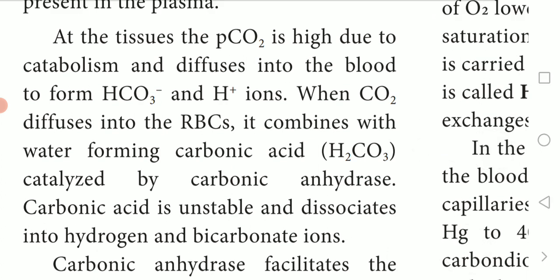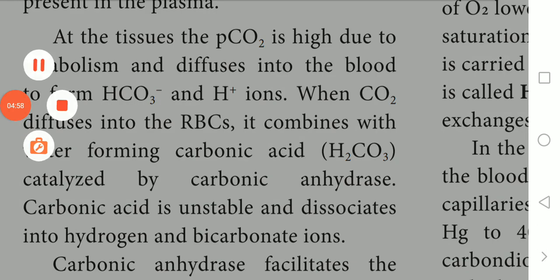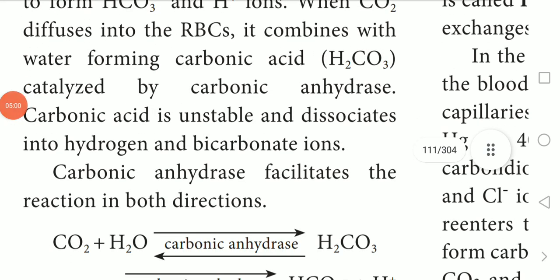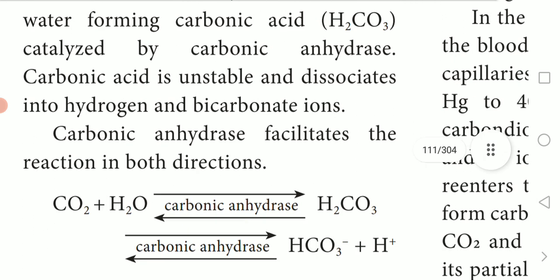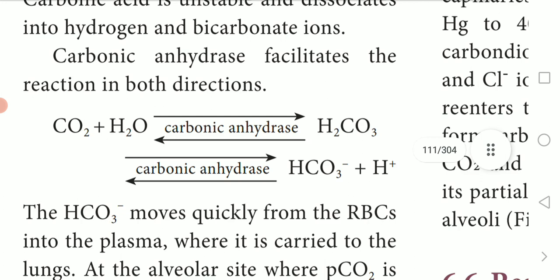Carbonic acid is unstable and dissociates into hydrogen and bicarbonate ions. Here, carbonic anhydrase facilitates the reaction in both directions. You can find the equation: carbon dioxide plus water forms H2CO3, and it comes back in a reversible manner, giving HCO3 and hydrogen ions.